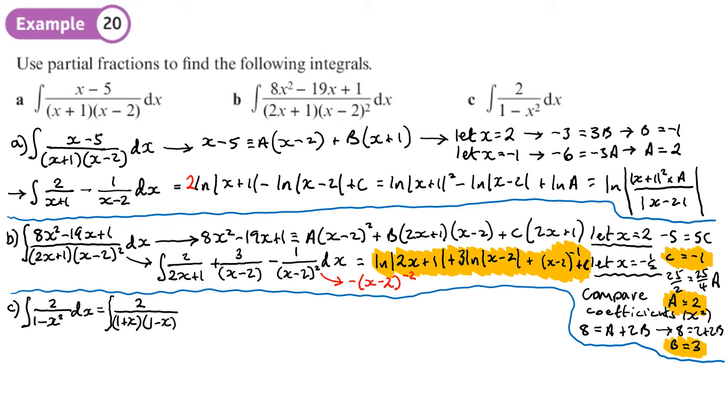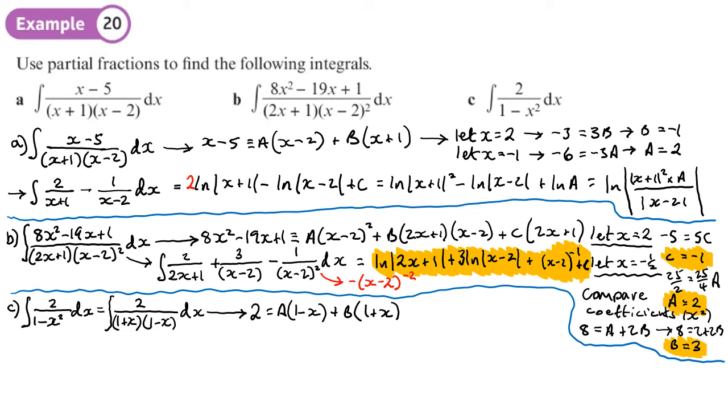Okay, so I can see my 2 factors. So changing it to partial fractions, the numerator 2 is going to equal a over 1 plus x, so I'm going to have to do a times 1 minus x, plus b over 1 minus x, so b needs to be multiplied by 1 plus x.